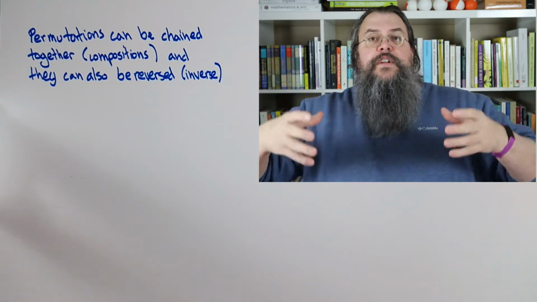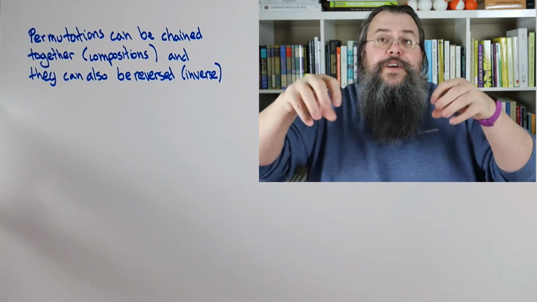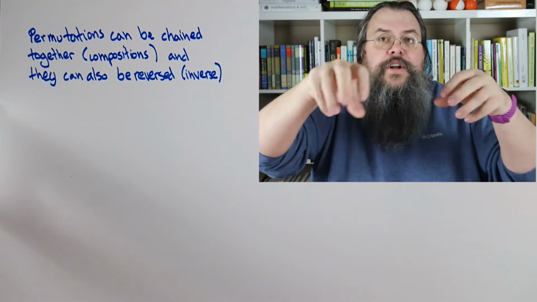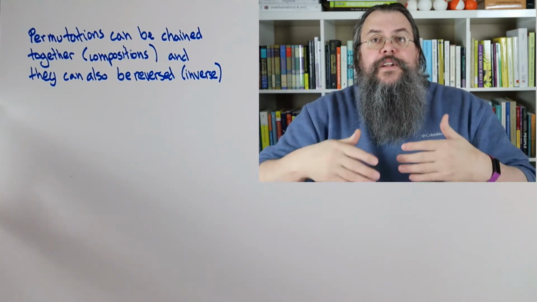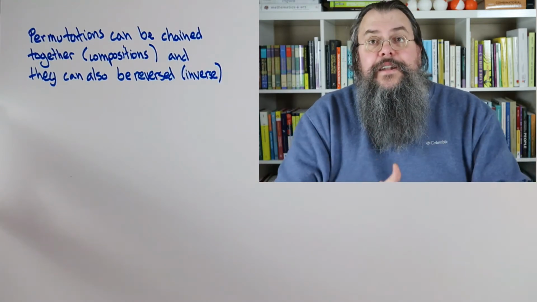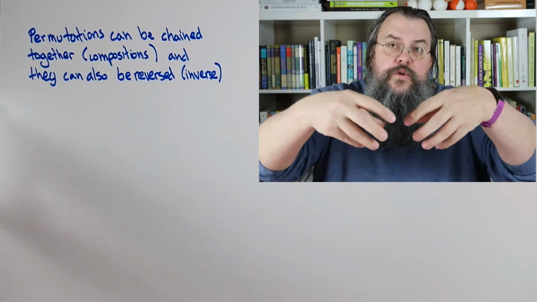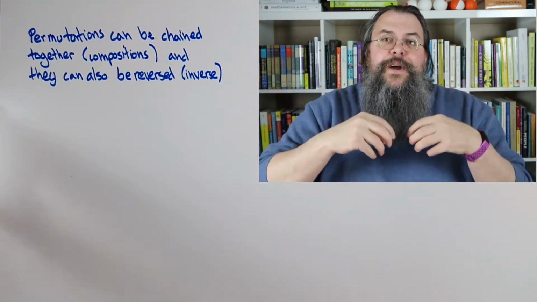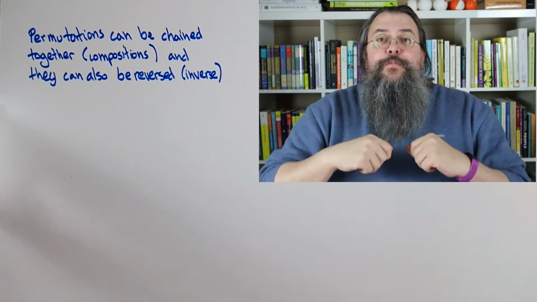We start with some initial order, we move them around, and now there's a new order. Then we do a new ordering of that. So we can apply permutations one after another again and again, as many as needed. We can also do an undo, or you might call it an inverse. It says, I changed my mind, I want to go back.